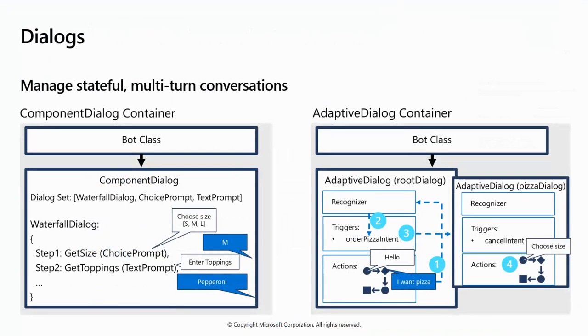The user now could enter a message at any time during the pizza ordering dialogue to say that they want to do something else, like cancel the order, add more cheese, add pepperoni, add pineapple, I don't know. The recognizer for the pizza order dialogue could be used to change the flow of the conversation.